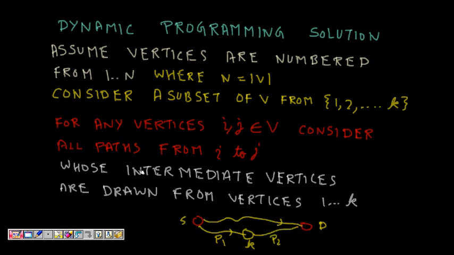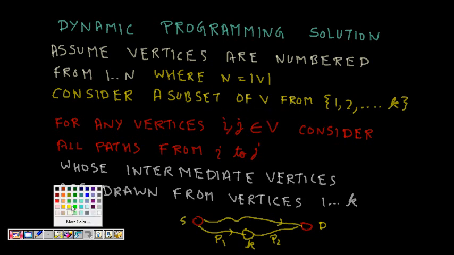So what we do is number the vertices. Let there be n vertices, numbered from 1 to n, and consider a subset of V from 1 to k.